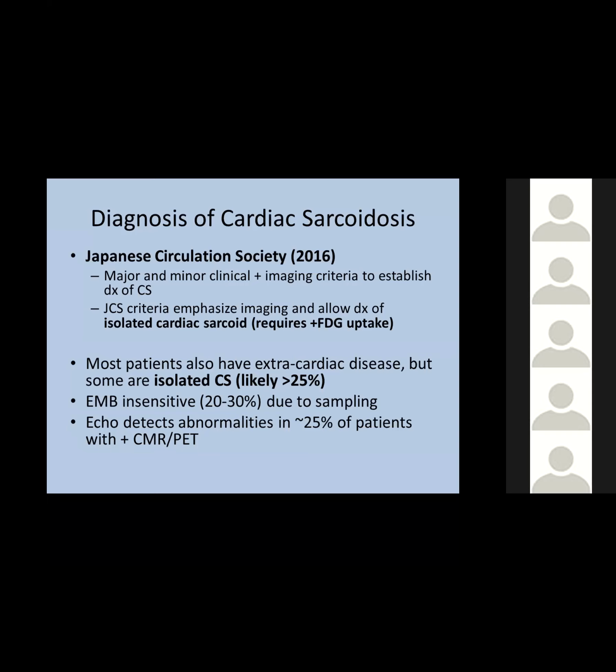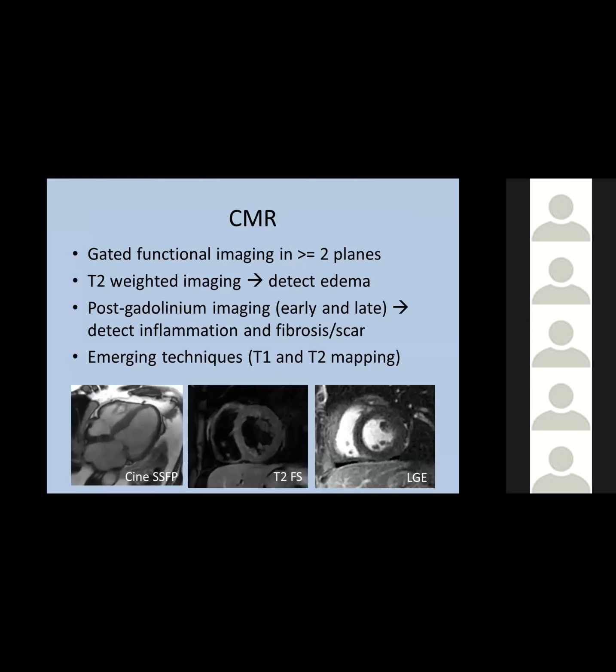So echo is used as a first-line imaging modality. But echo is actually normal in most cases. So that's where CMR and nuclear imaging come in. With MRI, we perform MR using functional imaging with volume quantitation, and then we do T2 weighted imaging, which detects edema and also characterizes infiltrative diseases and tissue abnormalities.